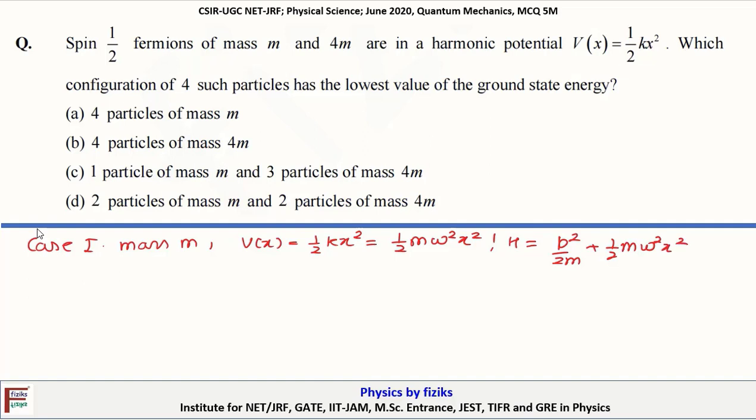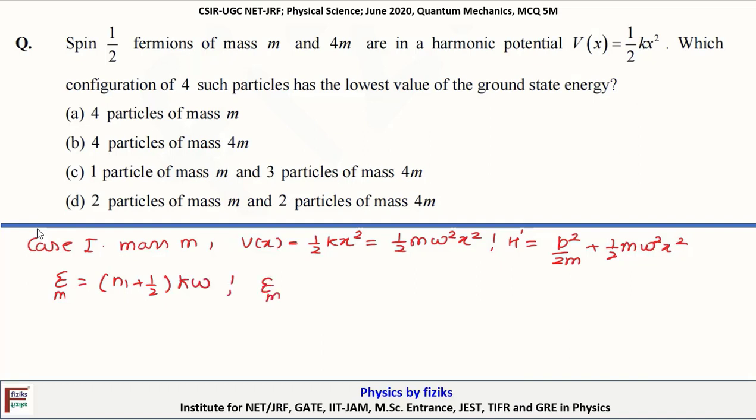So for this Hamiltonian H1, the energy of the particle of mass m would have the form (n1 plus 1 by 2) h cross omega.